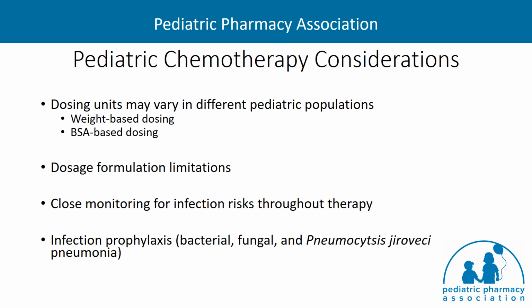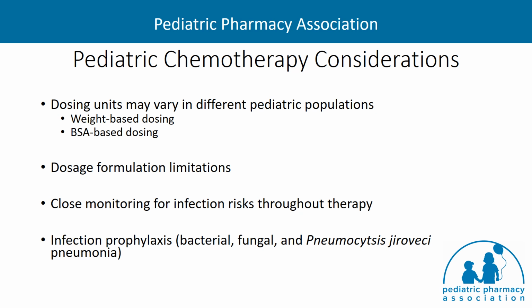First of all, a friendly tidbit that dosing units do vary between different pediatric populations as well as different protocols, so it's really important, regardless of the regimen that you're using, to always double check the specific units that are being used to dose your chemotherapy agents. Specifically, both weight-based, so milligram per kilo, as well as BSA-based milligram per metered square dosing are incorporated.